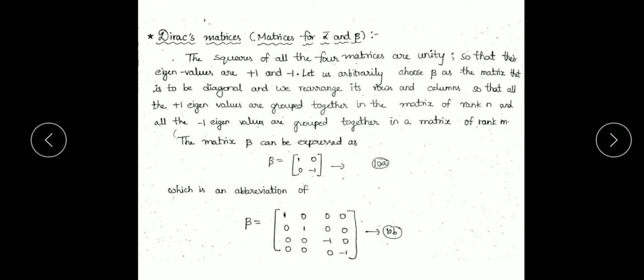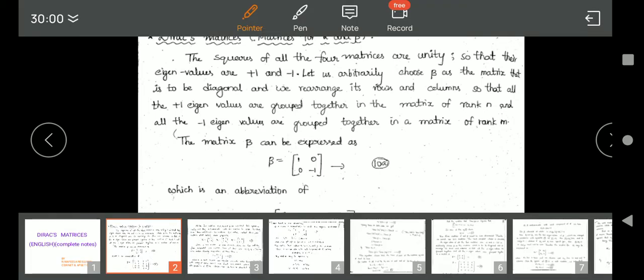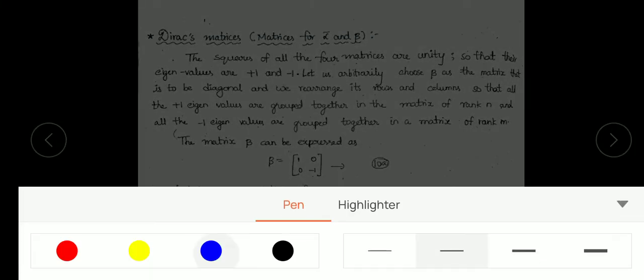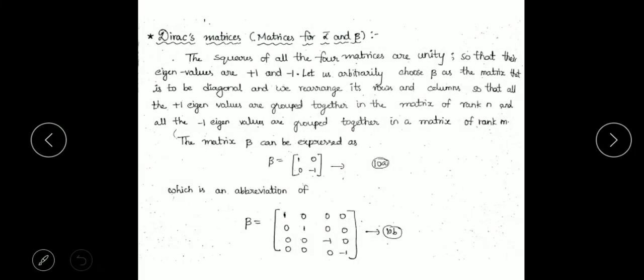How they are saying this is because if lambda is the eigenvalue of a given matrix, then lambda square is the eigenvalue of the square of that matrix.